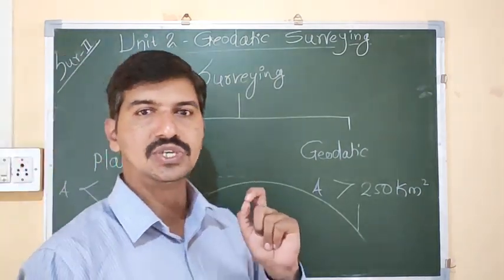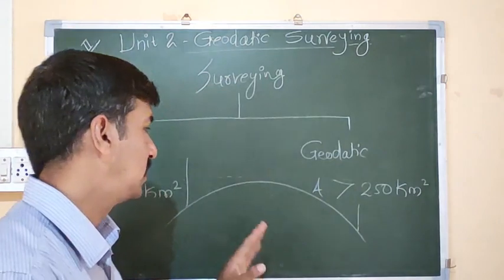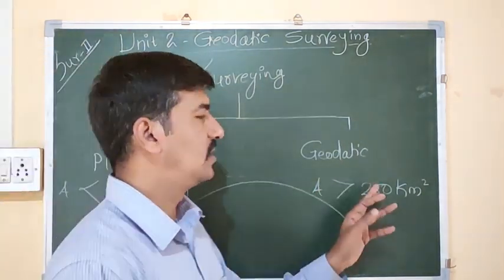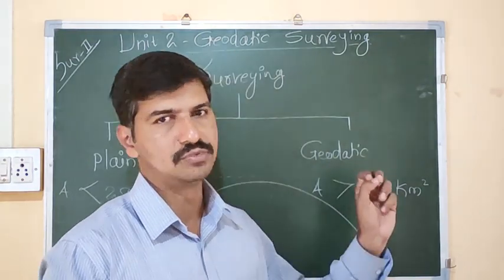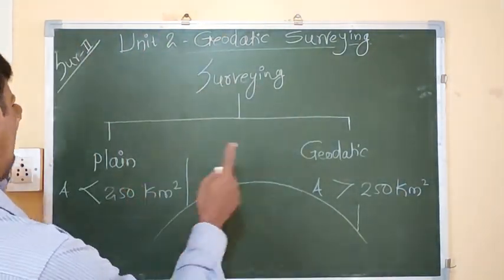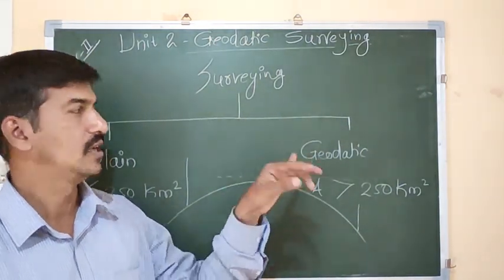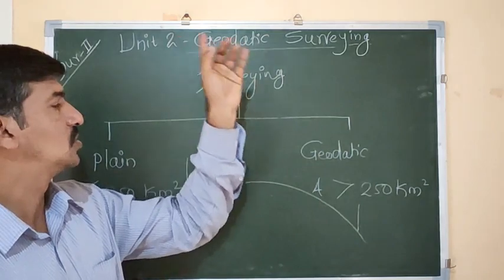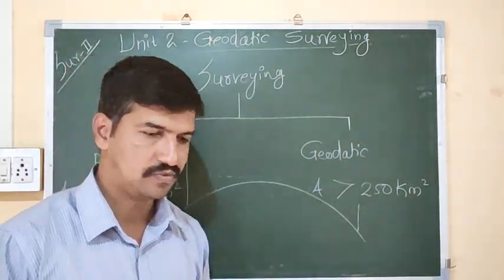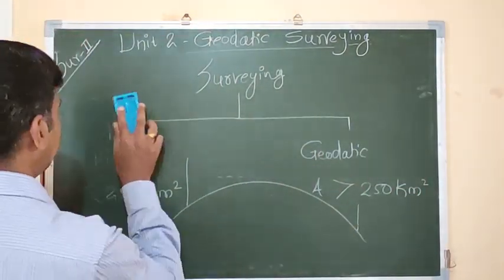The difference between geodetic survey and plain survey. In geodetic survey, we have to consider the curvature of the Earth while taking the observations. So, these are the two main classifications of the survey, and for unit number 2 we will be focusing on geodetic survey.